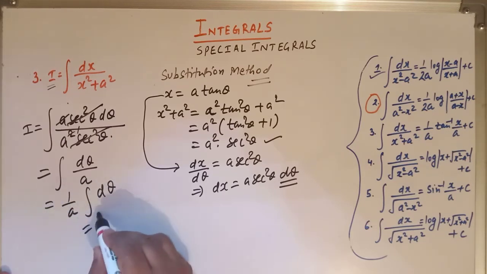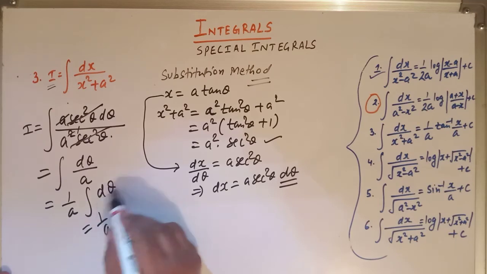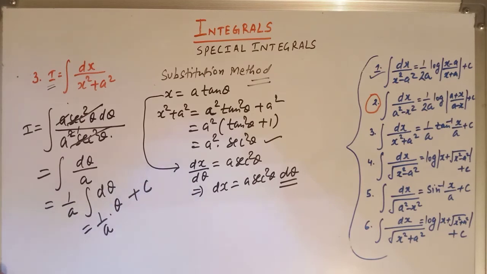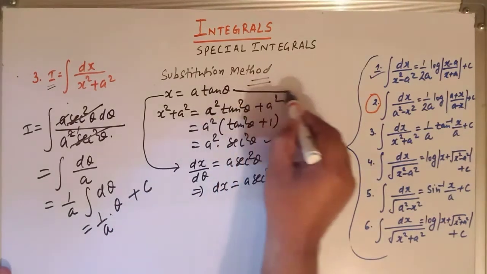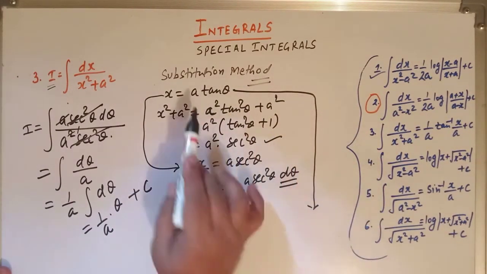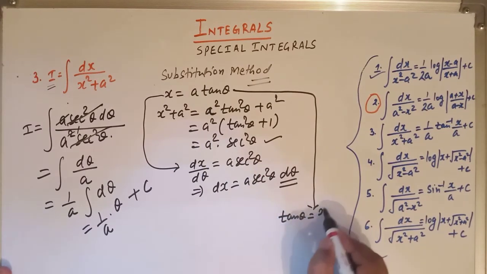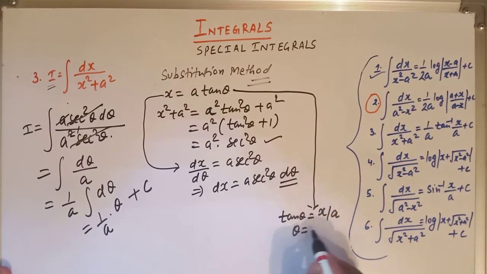Clear? Now viewers, the integral of d theta is simply theta, and we have the constant of integration as plus c. Now we have to find the value of theta. From this expression we have tan theta is equal to x over a, so theta is tan inverse of x divided by a.